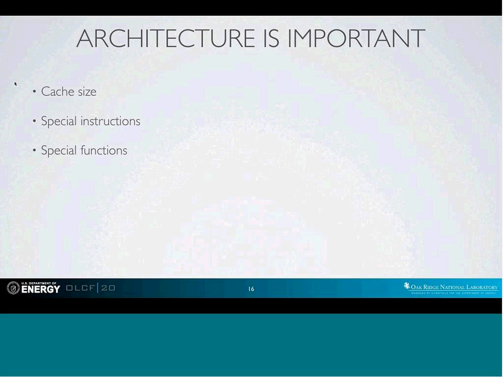And we talked a little bit about special functions. So power, for example, is one. And a square root. There are some chips out there that have even more complicated special functions built into the hardware. So these are hardware-based special functions. But sometimes you also have to share them.